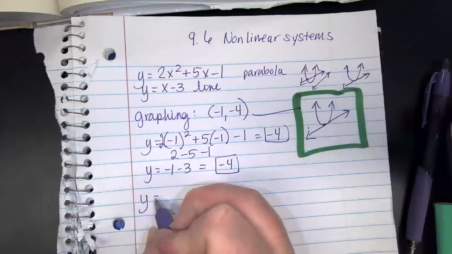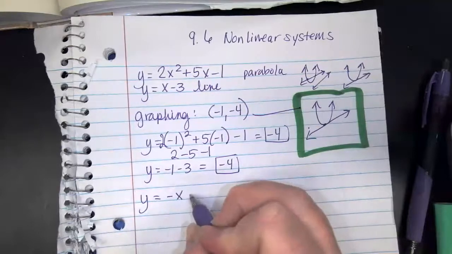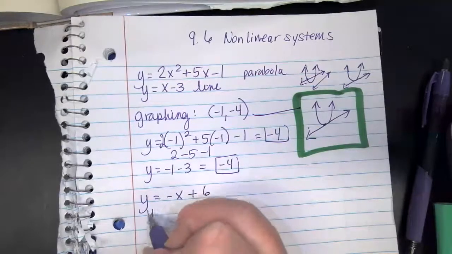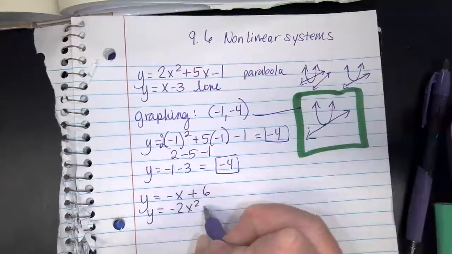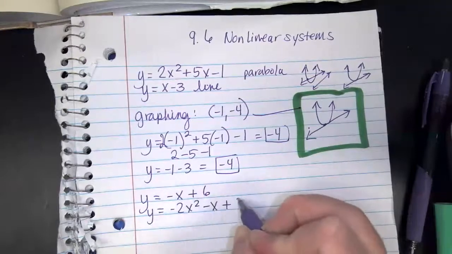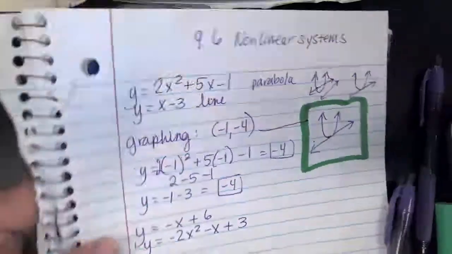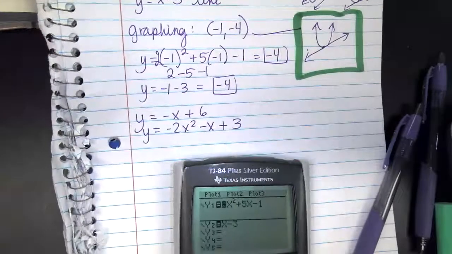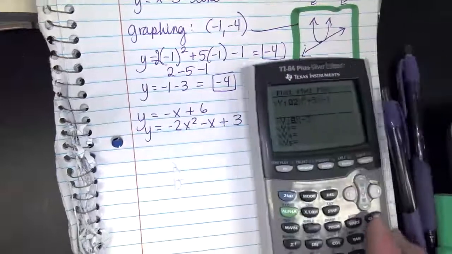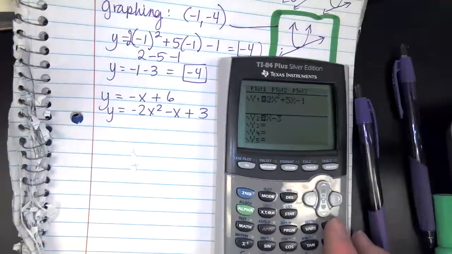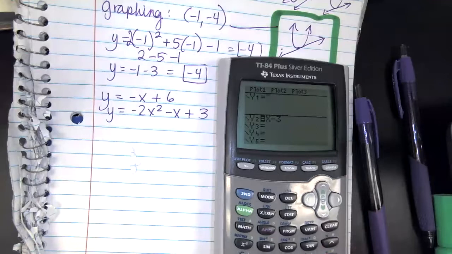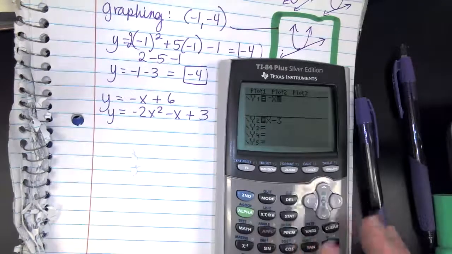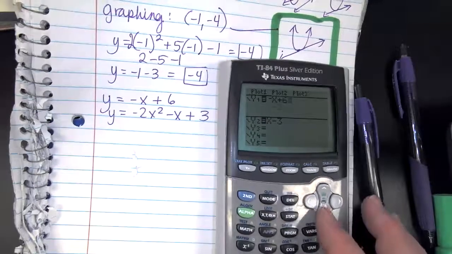Let's do this one. y equals -x plus 6, and y is equal to -2x squared minus x plus 3. Do you remember where to go? Go back to your y equals, hit clear. Everybody see all right? Let's put in our new one. It doesn't matter which one you put in as long as you remember which one you're looking at.